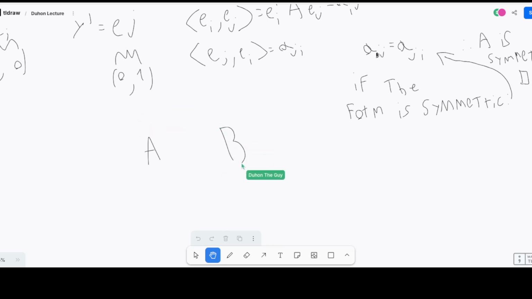We also have B, which is the base of the vector space V. So A is going to be a matrix, which means that we can write it as A_ij. This is basically just saying it's a bunch of numbers. And this is the base of V.